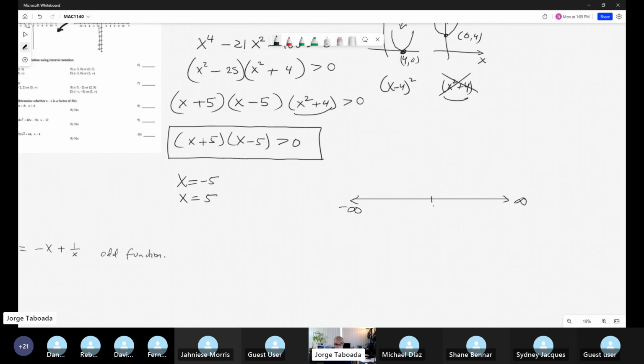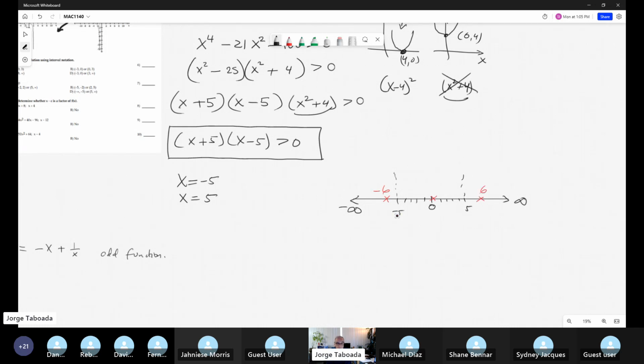Entonces, suppose que dice 0, 1, 2, 3, 4, 5, and -5. We have two partitions. Therefore, we have 3 intervals. The selection of the testing points may be, I don't know, -6, 0, I like 0 because 0 is easy to evaluate, and positive 6.